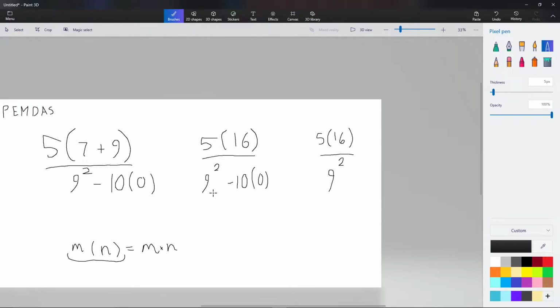You should know that right now, even though exponents is in the second order, this is not going to change anything because this will always be 81 regardless of how it's done. This will be 81. 81 minus 10 times 0 is the same as that. They're both the same. You should know this.